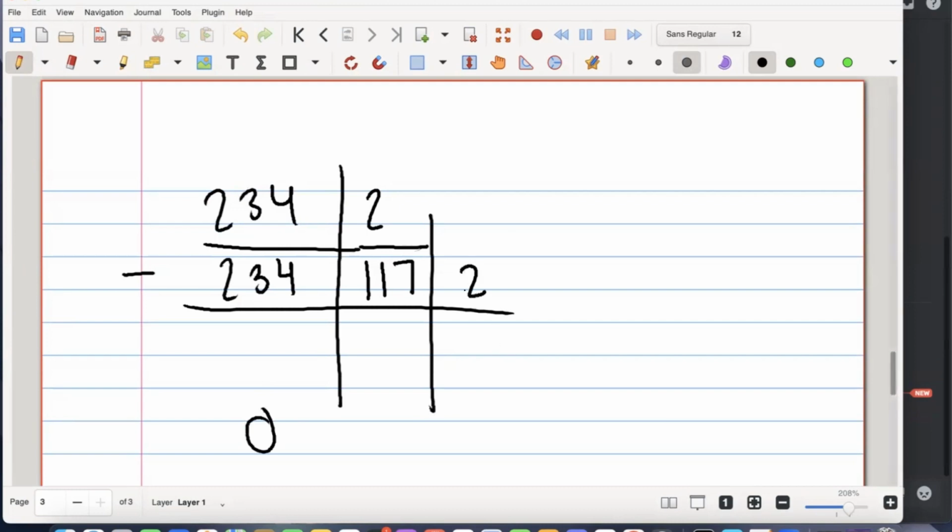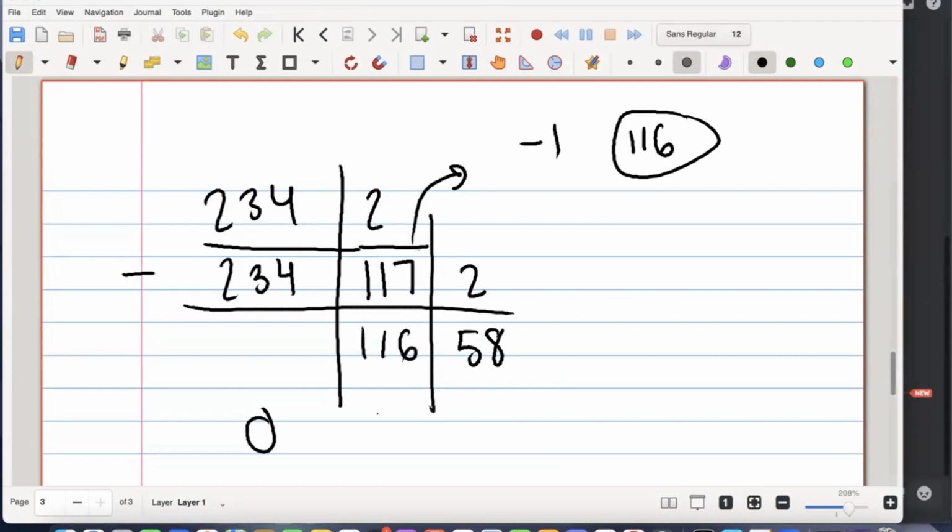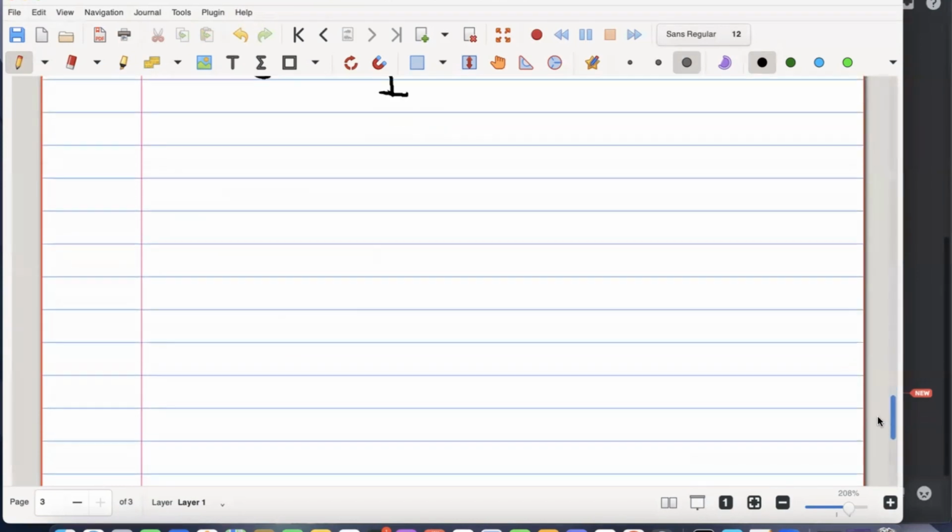So now we have 117. We're gonna divide that by 2. This is not an even number, so we're just going to subtract 1. So now we're going to divide 116 by 2, which is going to be 58. 58 times 2, that's 116. So we have a remainder when we subtract, which is 1, and then you would continue going.